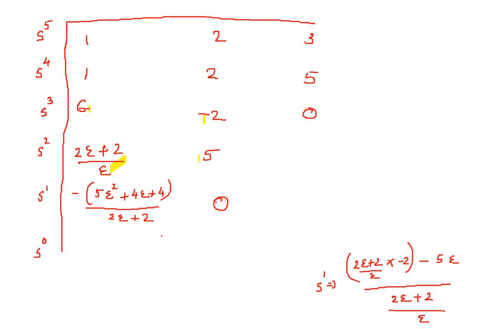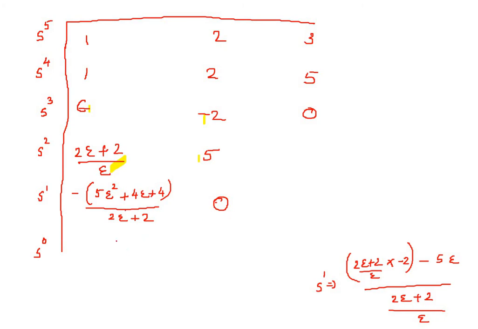Now we have to find the coefficient corresponding to s raised to 0. So what will that be? That is this element into 5 minus this one into 0 divided by this.